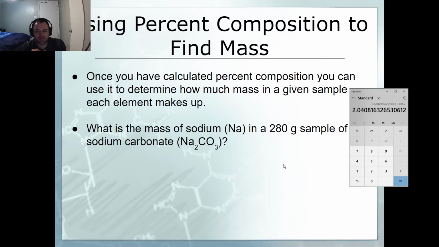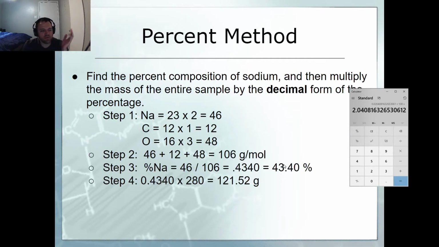So there's 2 ways you can do this problem. The first one is to go through the process we were just doing, go all the way through it, find the atomic mass of each one, multiply them by however many there are, add them together, get the molar mass. All this same process, steps 1 through 3 here, nothing changes.